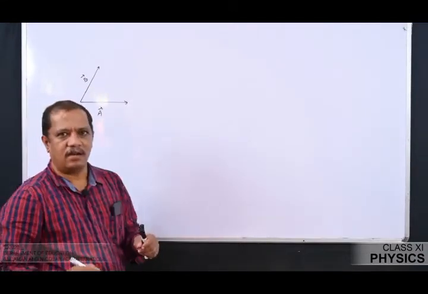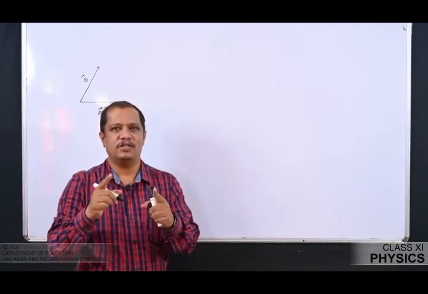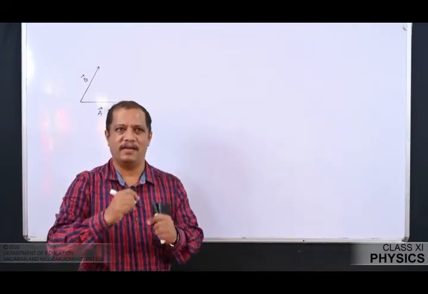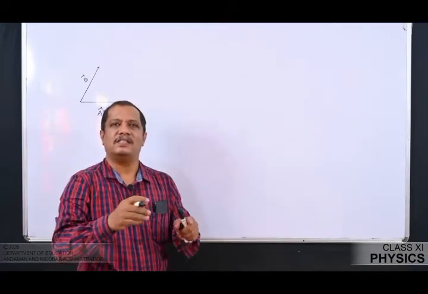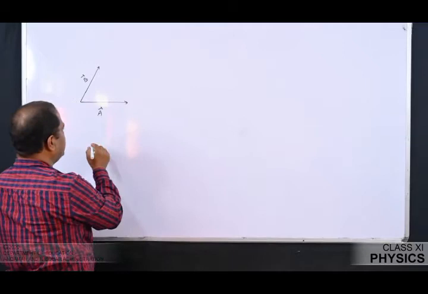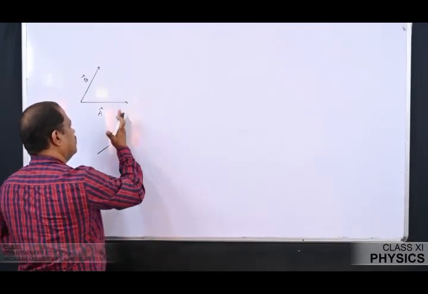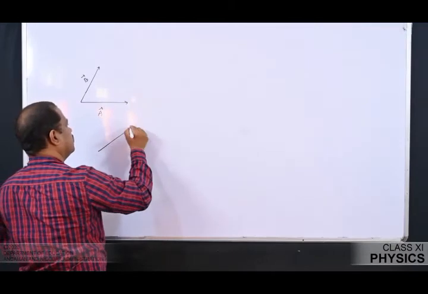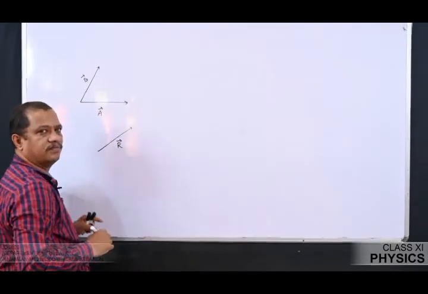When I say they are non-collinear, definitely they are coplanar. That means the two vectors will lie on the same plane. Now, a third vector which is lying on the same plane, say like this, and let me name this one as R conventionally.